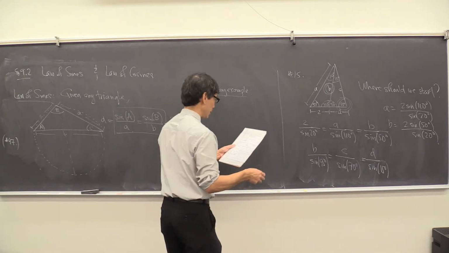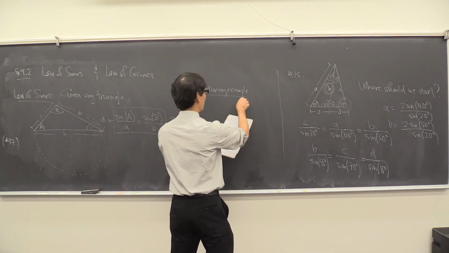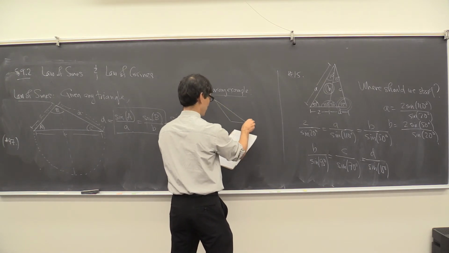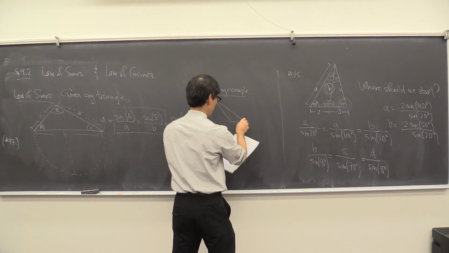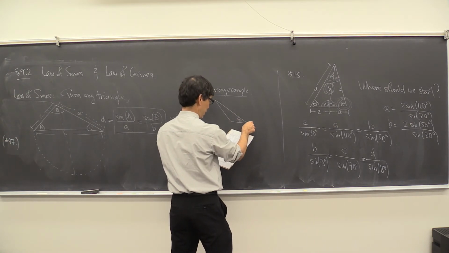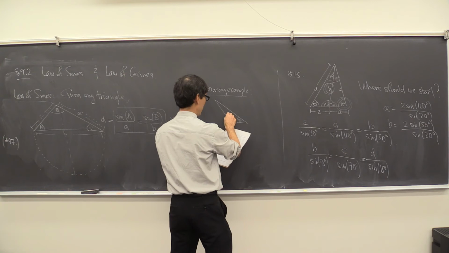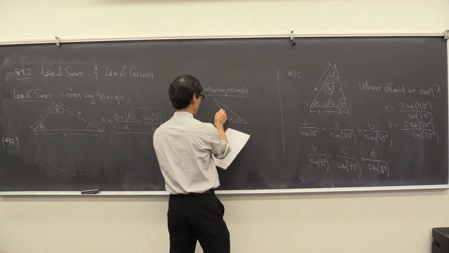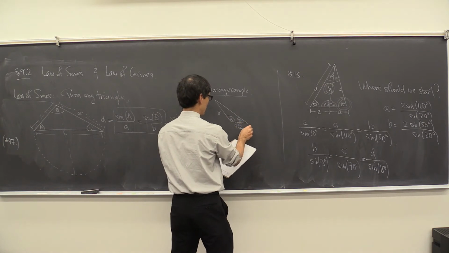I wrote these notes when my eyes were much better. Okay, so you've got a 45-degree angle here, and you've got this angle A here, and you've got 8 and 4 roots of 2 like this.